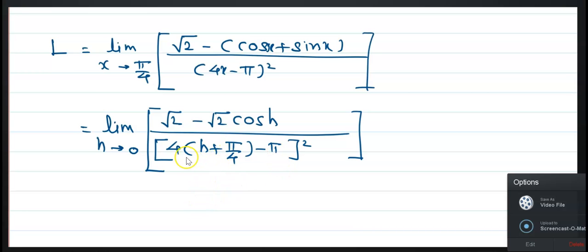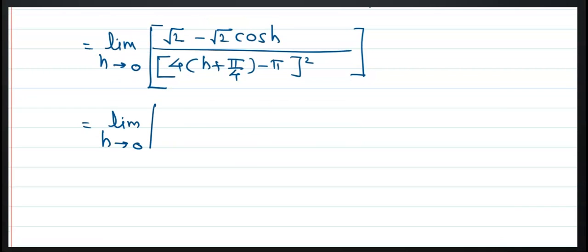Now if you multiply with 4, you will get pi minus pi, which is 0.